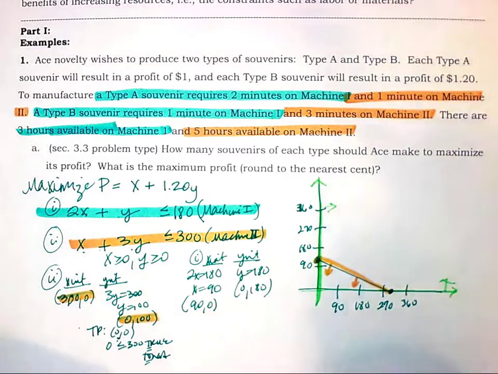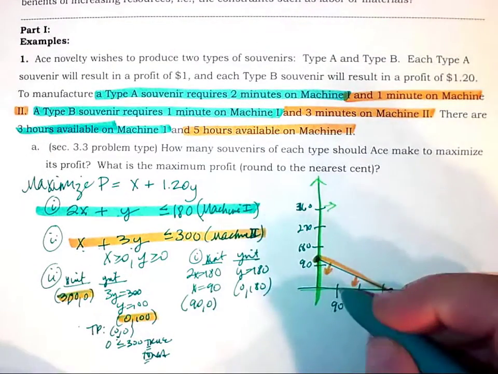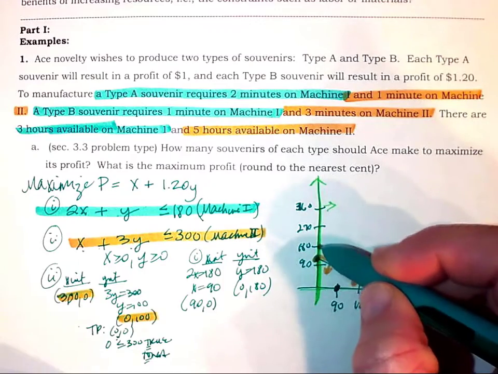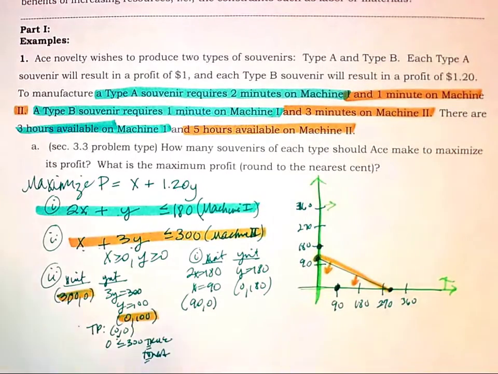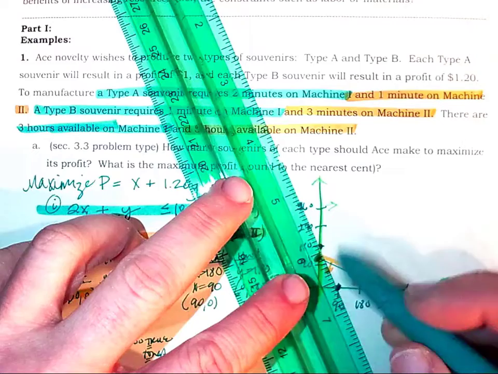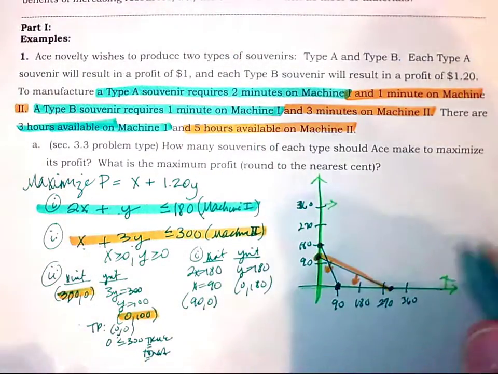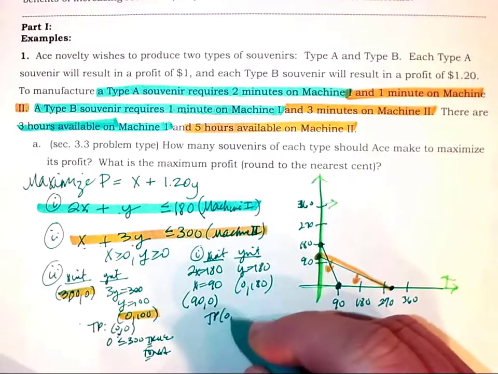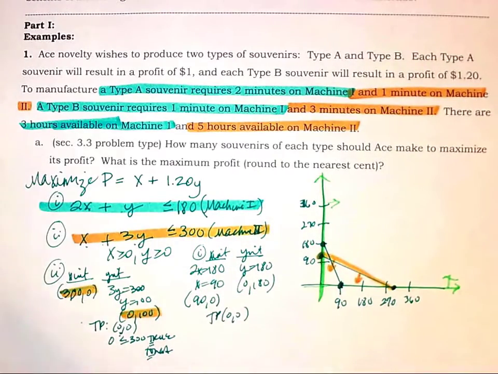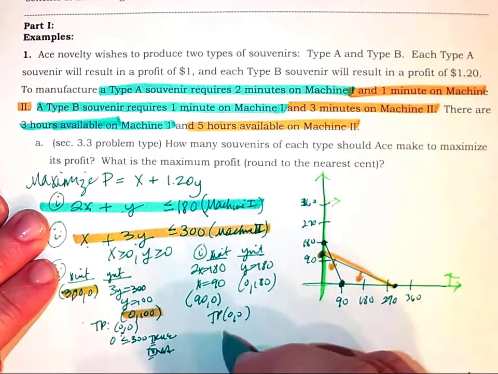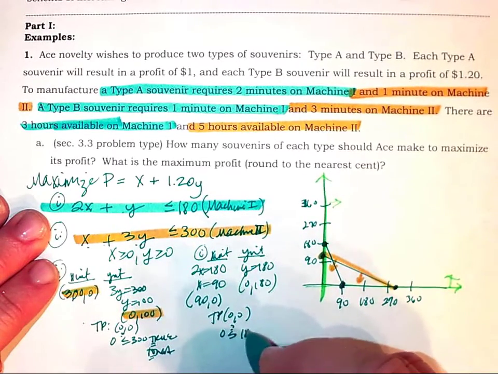So we need the second inequality. We've got the x-intercept of 90, 0, and then 0, 180. So again, you can go ahead and plot your segments, and you can choose a test point, again, of 0, 0, if you like, and plug this in, and certainly 0 and 0 is going to be less than or equal to 180.